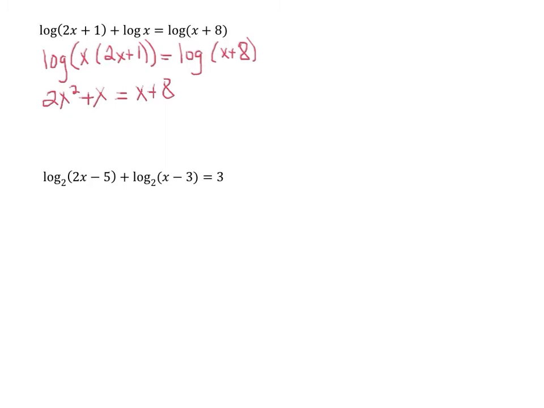Now all I've got is a quadratic, so that's simple enough for me to deal with. I'll bring everything over to the left and set it equal to 0. This gives me 2x squared minus 8 is equal to 0. Factor out a 2. When I factor, I have a difference of squares.